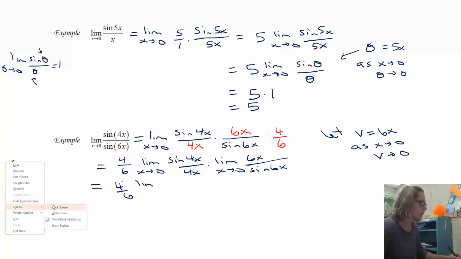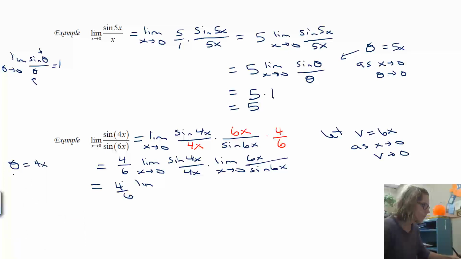Let me come back to my pen. There we go. So I can let theta be 4x, and then same thing, as x goes to 0, theta goes to 0.